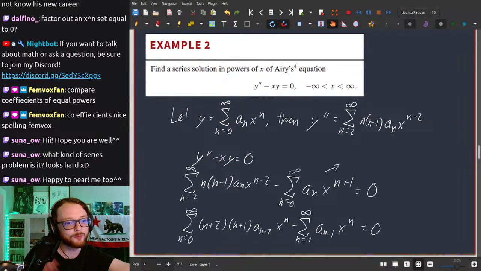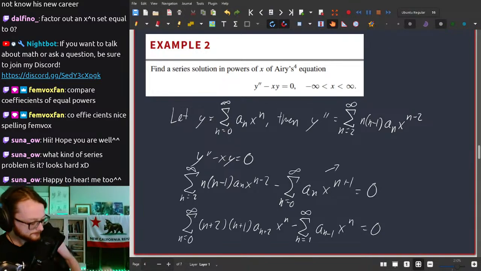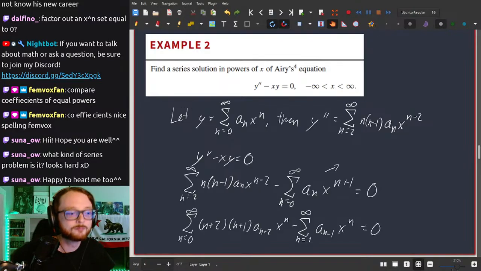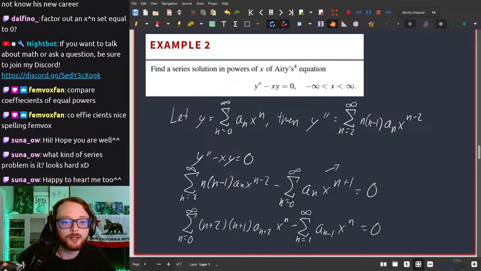So this is the original problem statement at the top here. It's kind of a neat thing. I haven't done it in a minute. But you can solve differential equations with Taylor series. It can get pretty messy, but it does work.